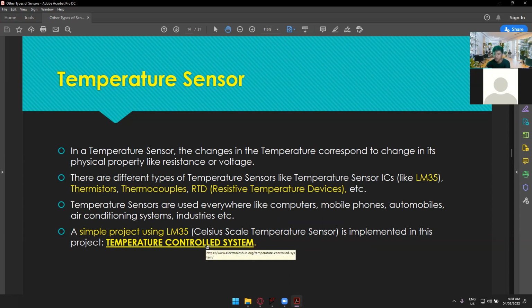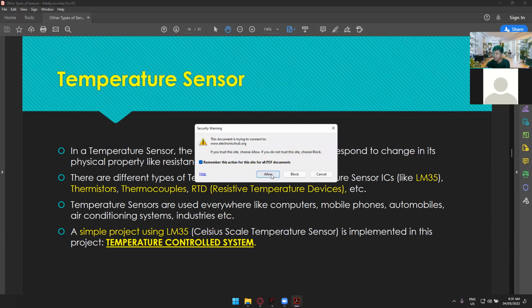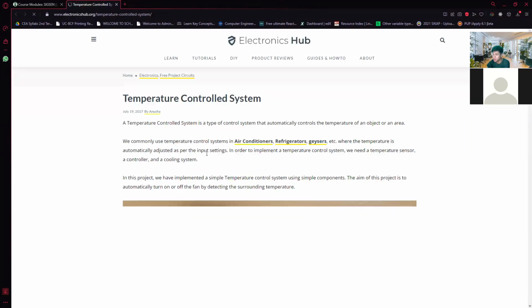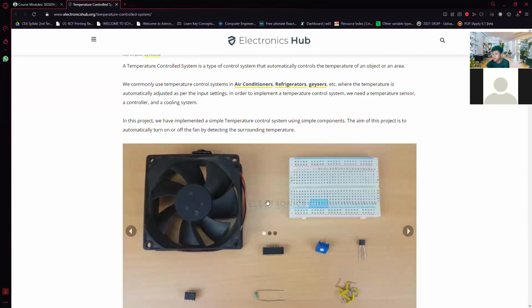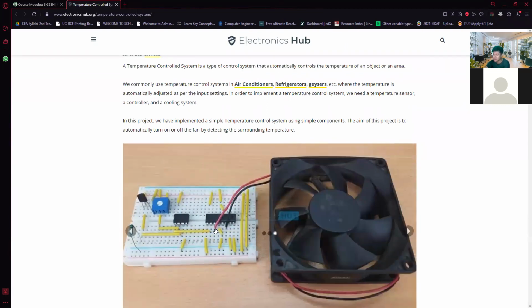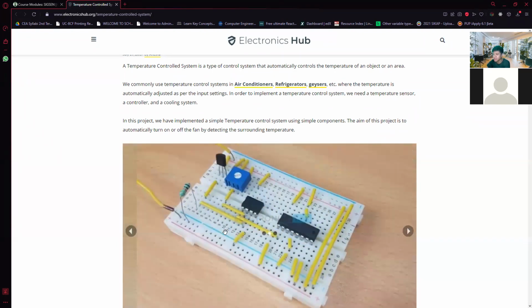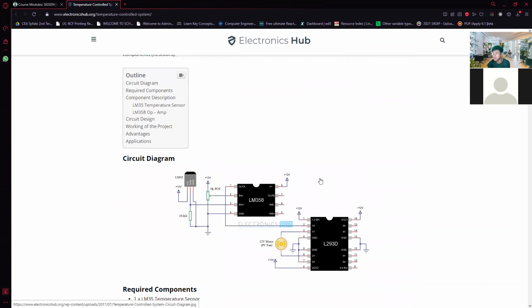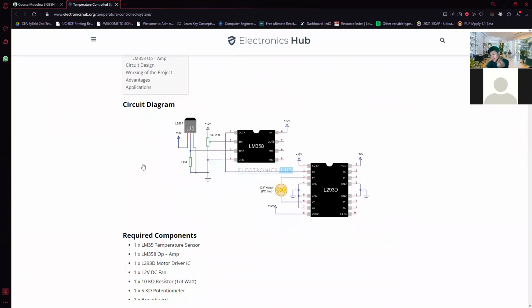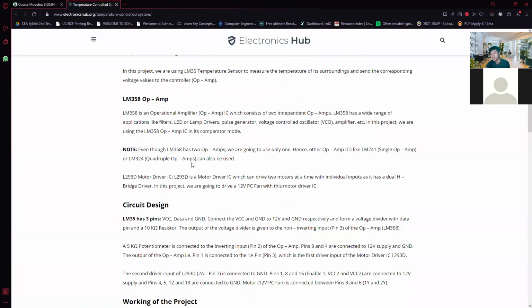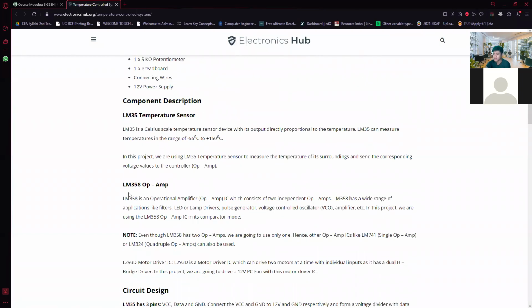So here's one project that you can check right now. Just visit this website right here on what a temperature controlled system is, the components that you will need, and how to do that on the breadboard, and so on and so forth. It's almost a complete project: a 3D diagram, the components that you will use, and an explanation of each component.